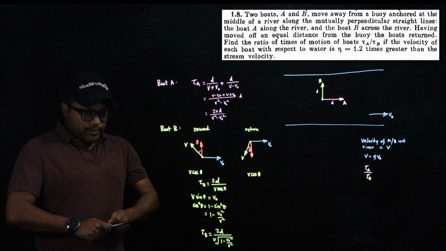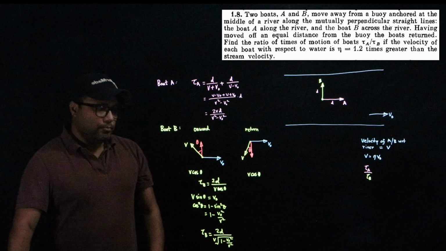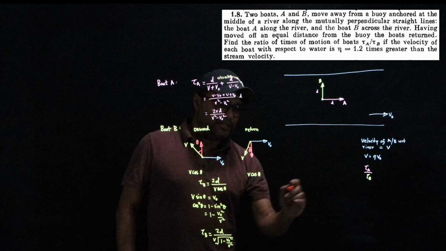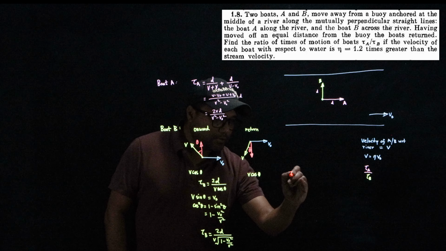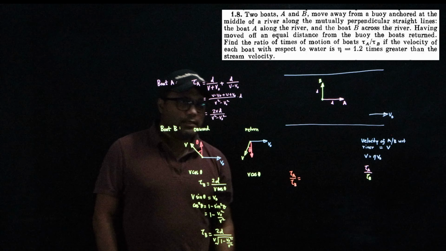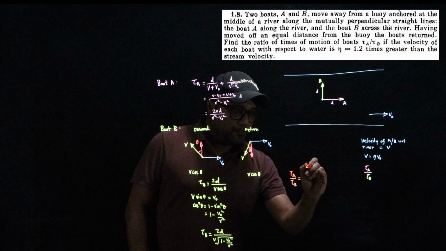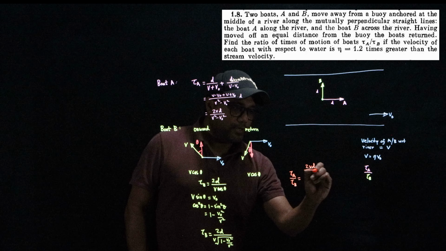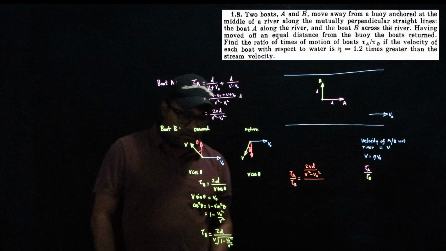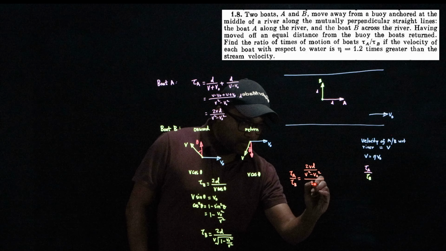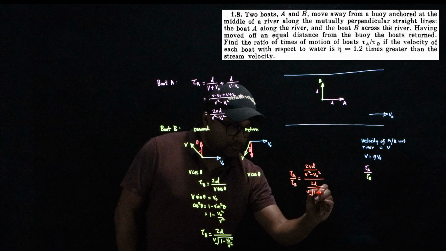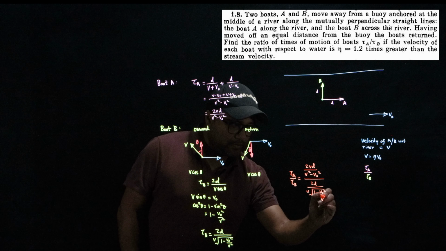Okay, now we have both tau A and tau B, so our goal is to find the ratio. So what would be the ratio? Tau A divided by tau B should be 2vd divided by v square minus v0 square, divided by tau B, which is 2d divided by v root of 1 minus v0 square by v square.